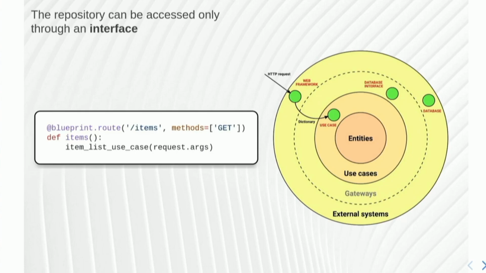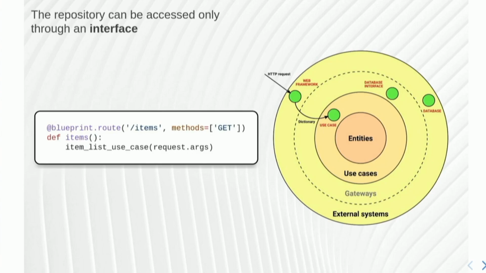Because if I hard code in my use case something which is, I don't know, Postgres, a library to interact with Postgres or to interact with MongoDB, I am coupling my use case with the implementation of the database. And this is not good because at that point I have my core business logic coupled with a detail, which might change. Might not be the same thing in time.